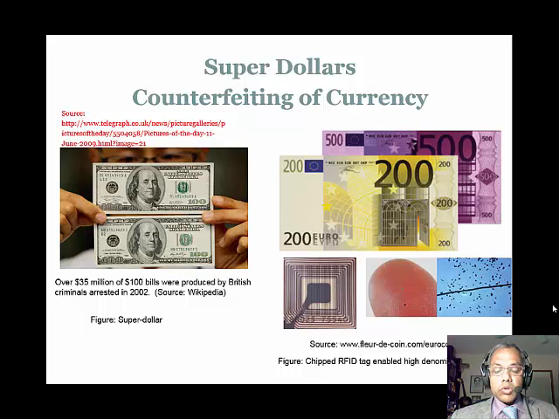Money laundering was also an issue of increasing concern, and that was probably one of the reasons that the higher denominations were considered for tagging. Here, $200 and $500 euro notes are shown with a grain-size chipped RFID tag, but obviously the cost of the tag is more than the currency itself.